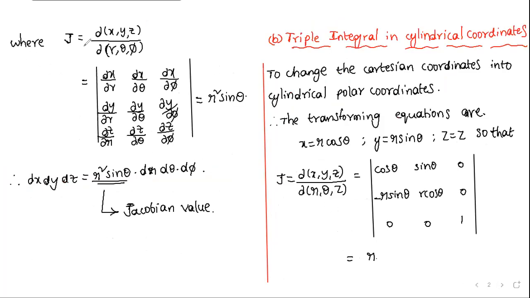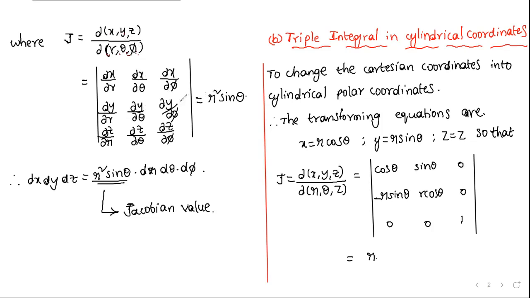The Jacobian J is equal to dou of xyz over dou of r theta phi. So this is the determinant with rows: dou x by dou r, dou x by dou theta, dou x by dou phi; similarly dou y by dou r, dou y by dou theta, dou y by dou phi; similarly dou z by dou r, dou z by dou theta, dou z by dou phi. So this is the Jacobian formula.